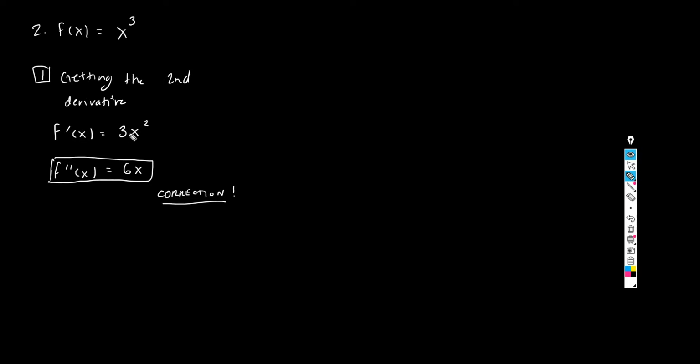F prime of x equals etc. And in Spanish, in Latin America, the way we read this symbol is "f b prima de x". "F b prima de x es igual a 6x." Así se hace en español, al menos en Latinoamérica.